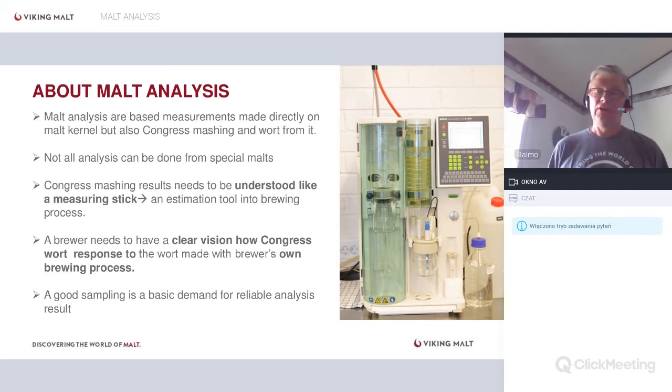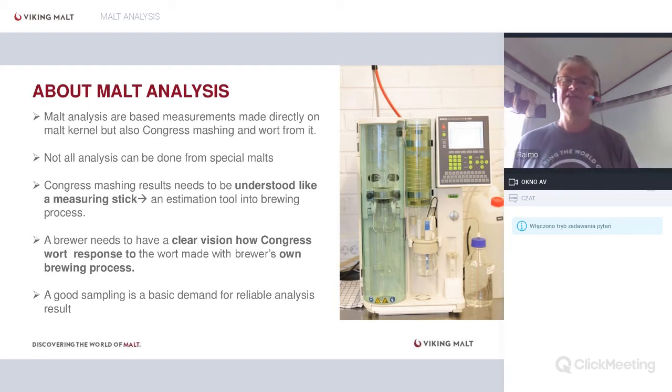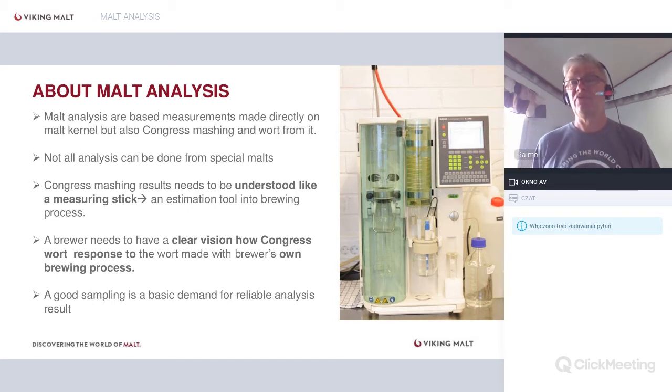I have a lot of questions from our customers whether we can have some special analysis from certain special malts, but not all analysis can be done from special malts. And I think a quite good example is, let's say, friability.